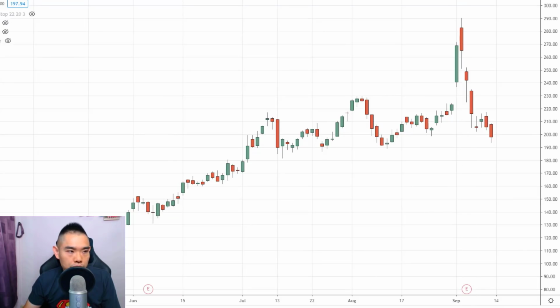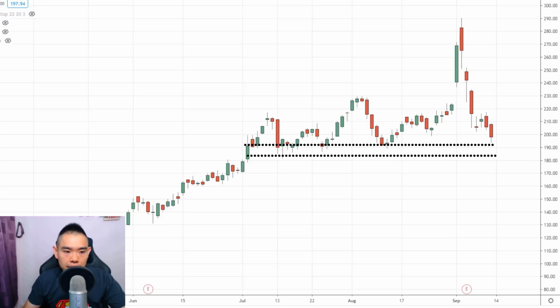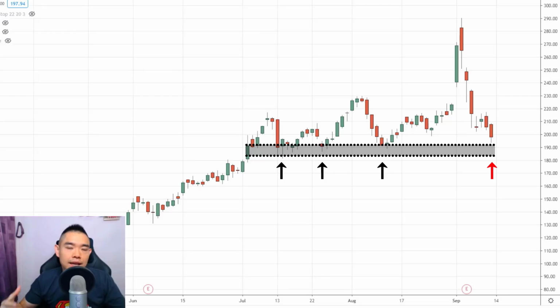This is DocuSign, a very popular tool to get your documents signed online. What I'm seeing over here is this area of support in this uptrend, because the market has tested once, twice, 3 times, and possibly on the 4th attempt over here. So this area of support is an area of value.